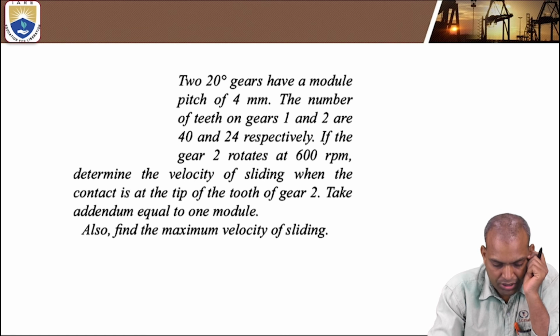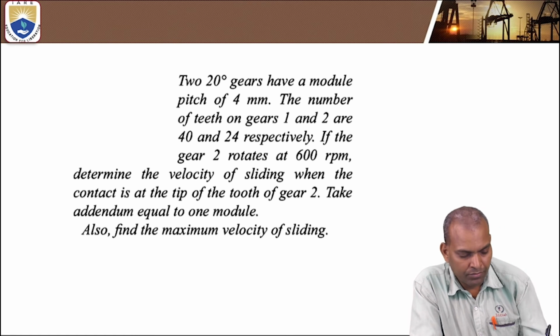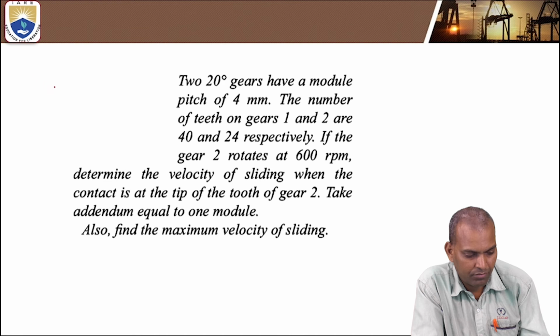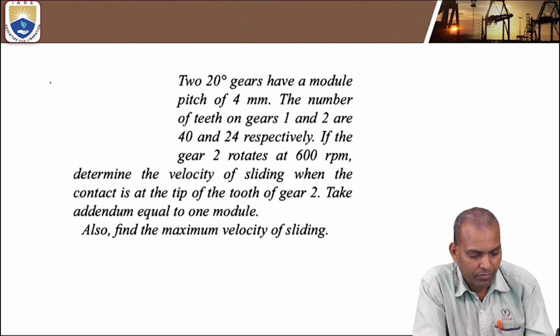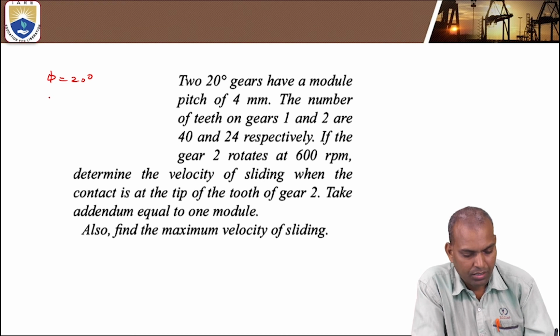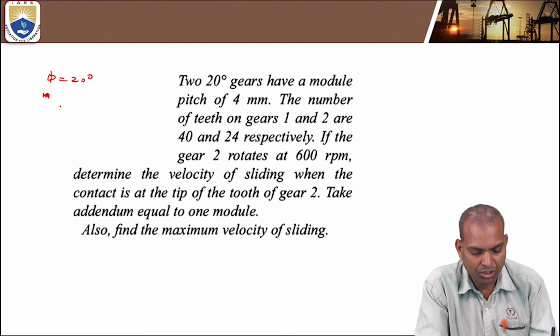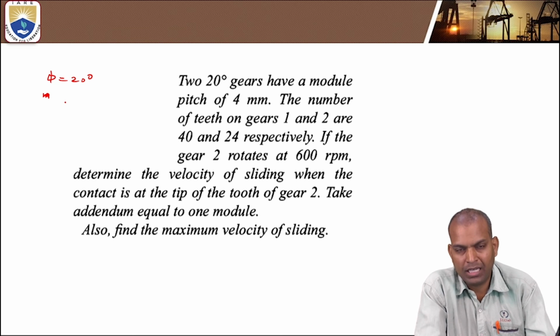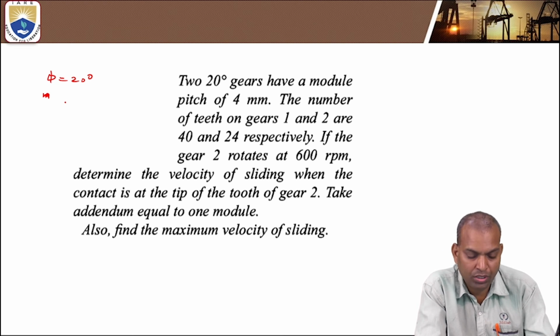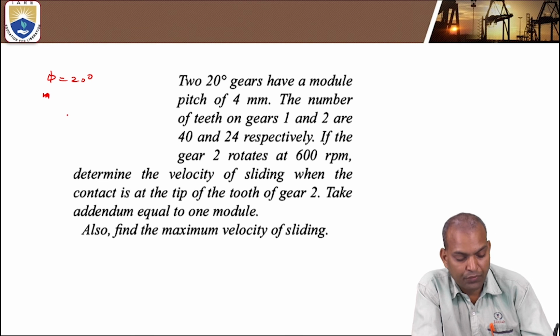So what is the data given here? The pressure angle is 20 degrees. The module is 4 millimeter. The number of teeth on gears 1 and 2: here, instead of calling them gear and pinion, they call them gear 1 and gear 2. That is 40 and 24.